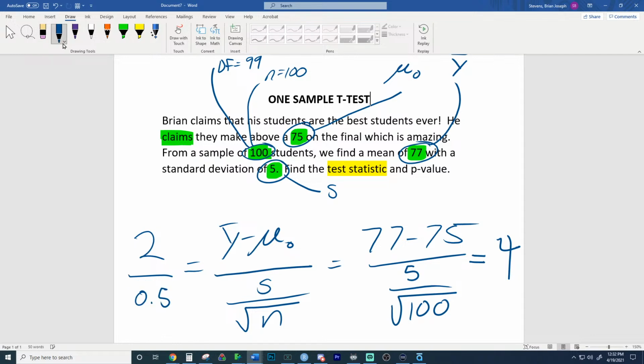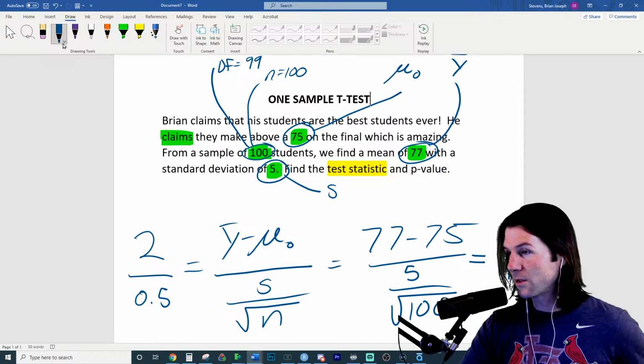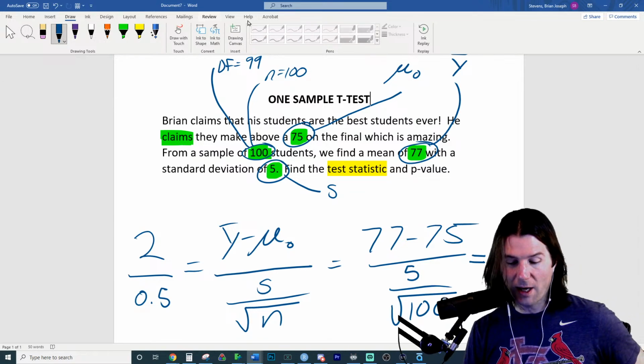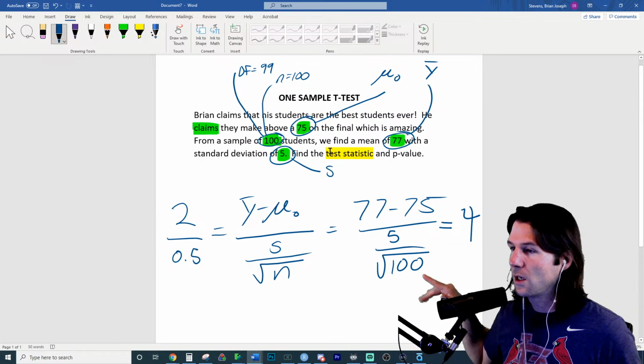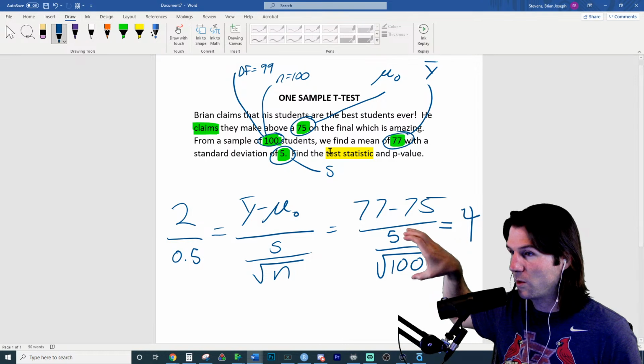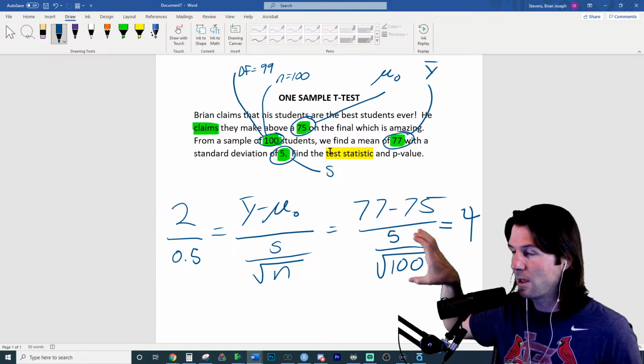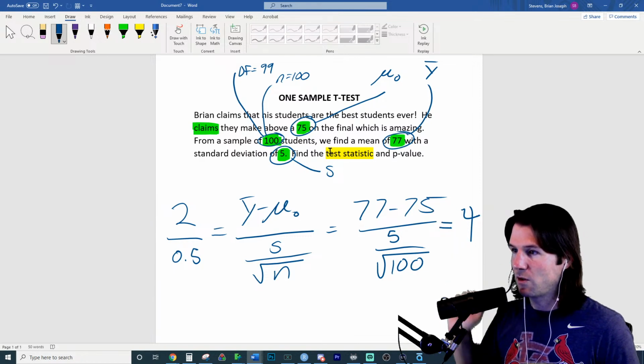So 2 divided by a half solves out to 4. Just practice through solving this. Make sure you can solve equations like this. Just double check your work. Do it slowly. Remember, it'll be 2 divided by this, which is 5 over the square root of 100, which is 5 over 10. 5 over 10 is 1/2. 2 divided by 1/2 is 4.